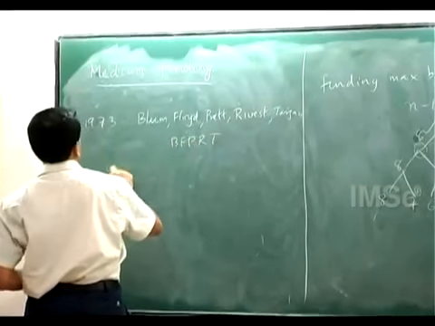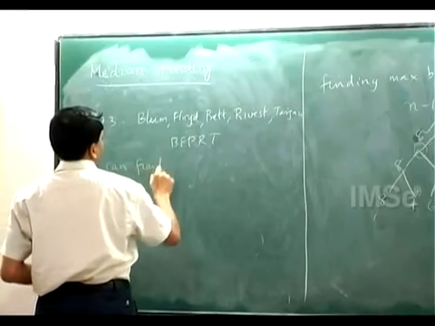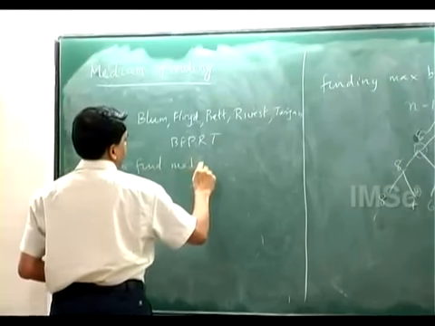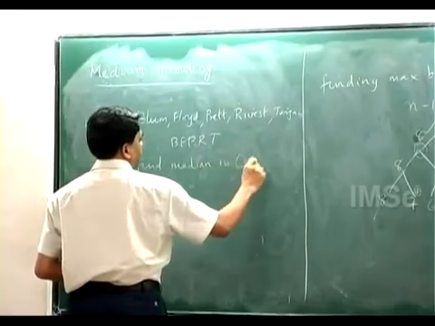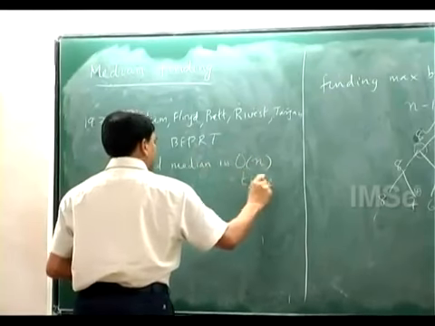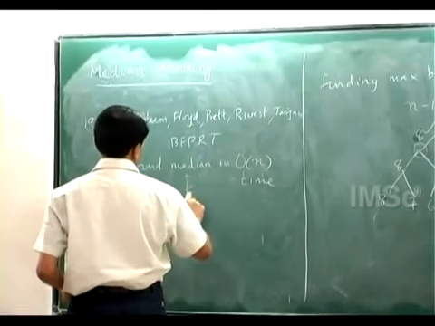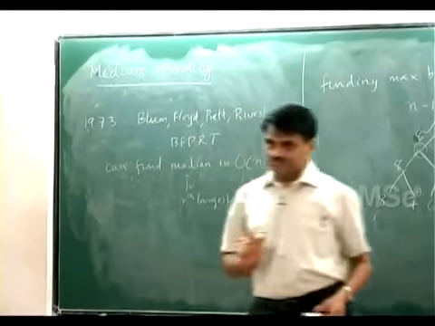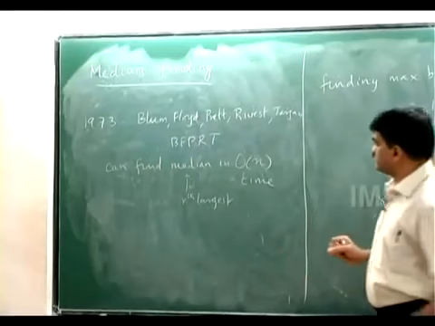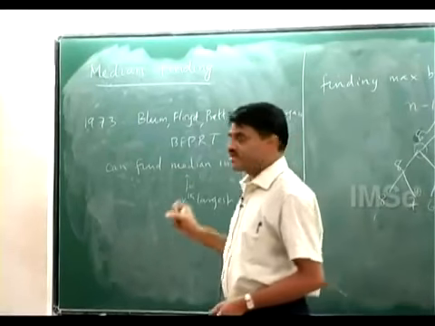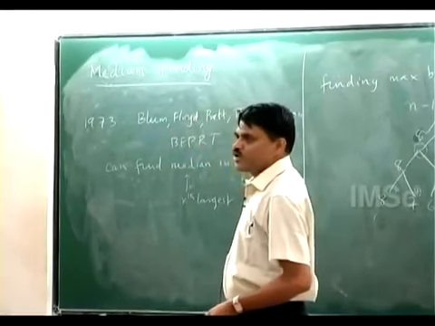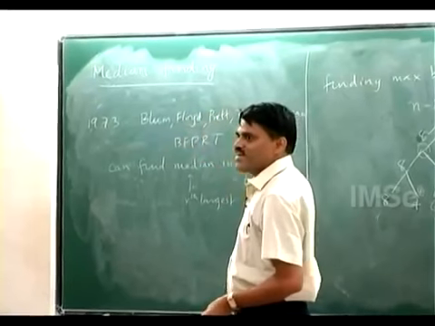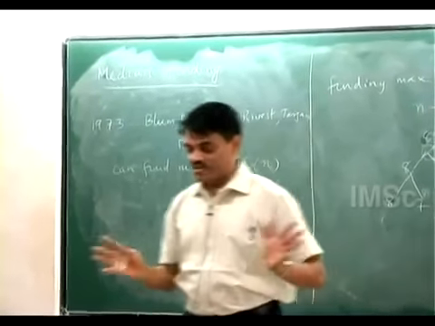They showed that you can find not just the median, any k largest for any k in order n time. Now we checked that except Pratt, all of them have won Turing awards: Bloom, Floyd, Rivest, Tarjan. This is the highest award in computer science.